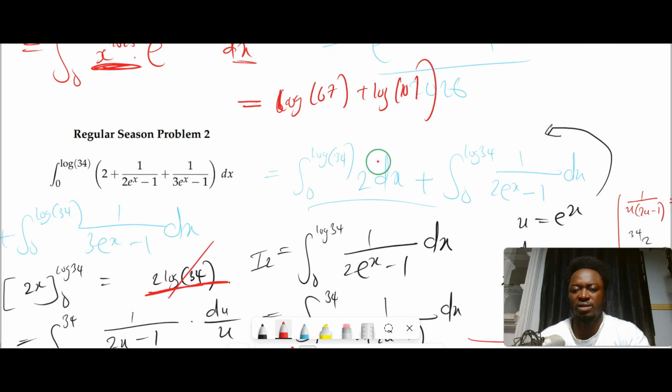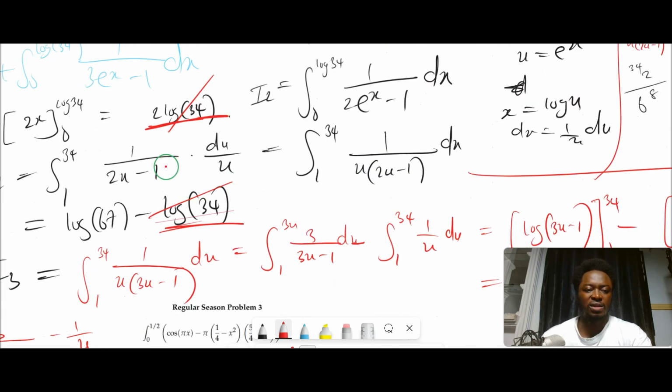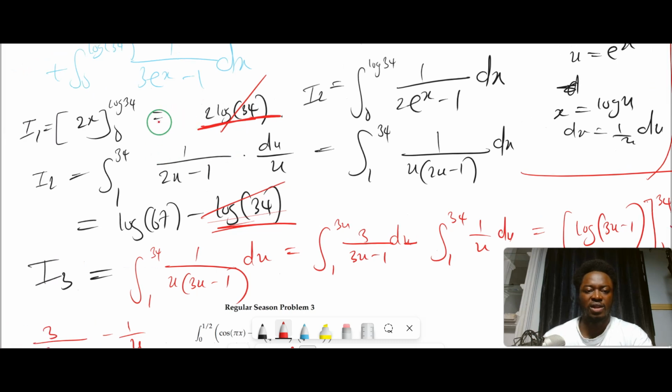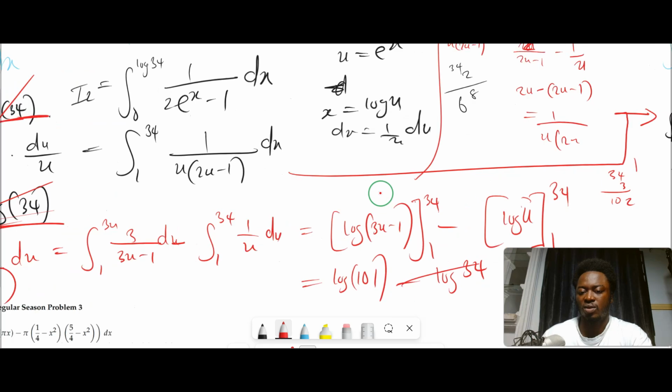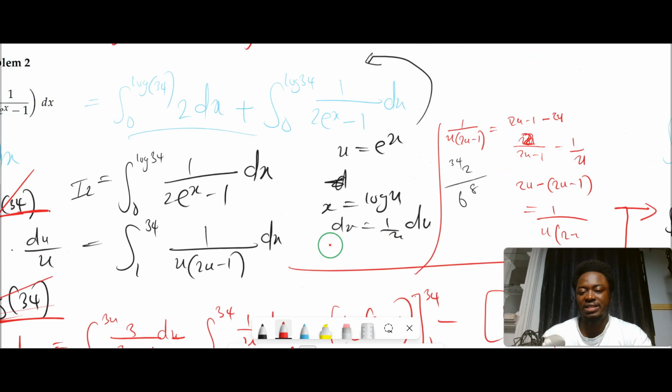And then what again? Let's see if there's any cancellation. For I1 it's just basically 2 log of 34, and then for I2 log 67 minus log 34, I3 log 101 minus log of 34. So they cancel out. So you have 101 times 67.